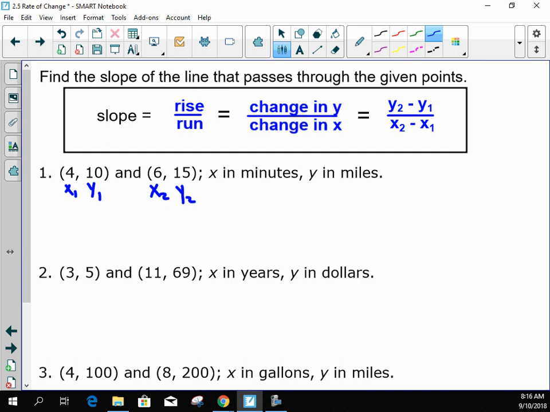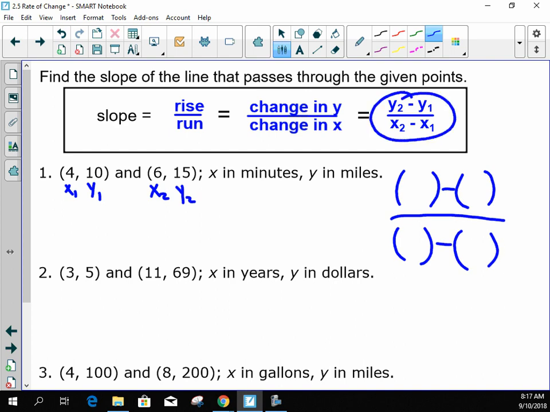So now, y2 minus y1 over x2 minus x1 comes from right here. I make the empty parentheses, and then I fill in my values. What value goes right here? What value goes in this one? 15, that's my y2.